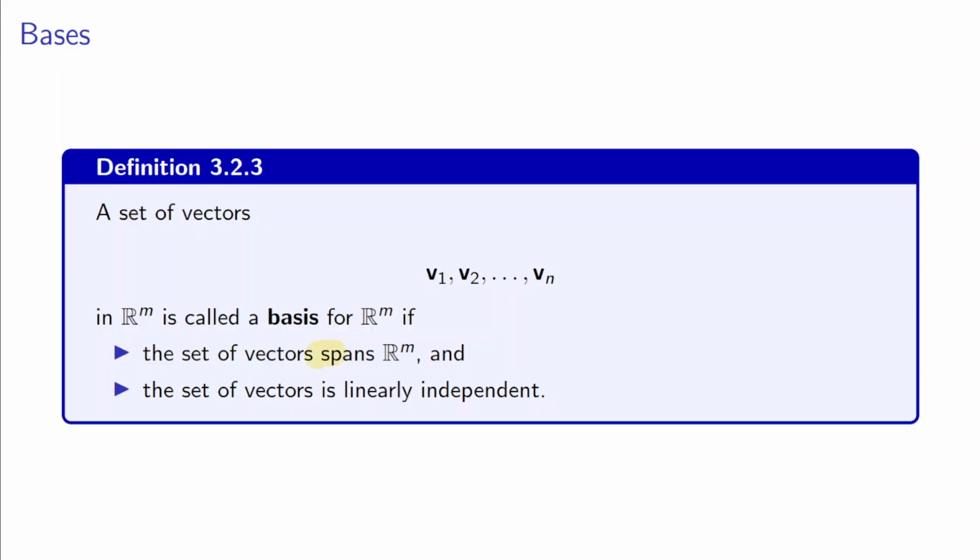You see those two ideas here, spanning and linear independence, and those are going to be the two key ideas. Going back to the example we were looking at a minute ago, spanning is making sure we have enough vectors, and linear independence is making sure we do not have too many vectors. So we're looking for just the right amount.